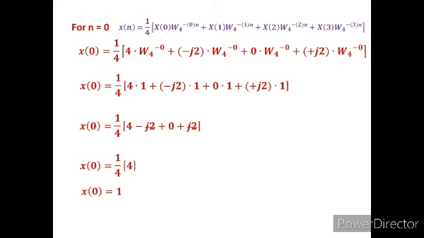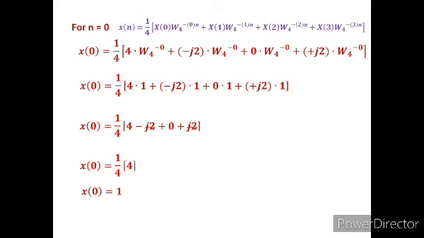So we just substitute that. We get 1 by 4 into 4 into 1, minus j2 into 1, 0 into 1, plus j2 into 1. So minus j2 and plus j2 get cancelled. The remaining is 1 by 4 into 4, the 4s get cancelled. So we have x of 0 as 1 there.